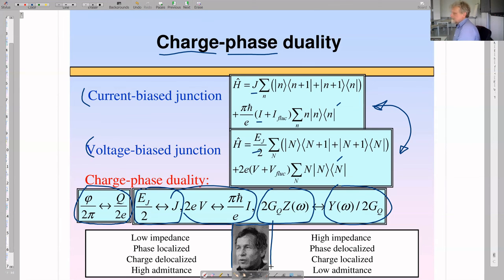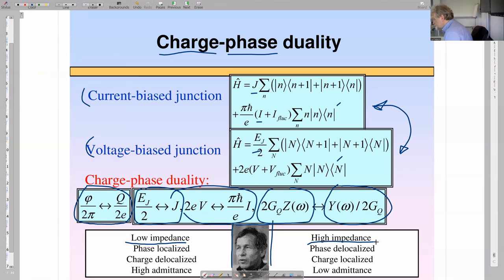And let me interpret it in terms of this charge phase duality. In terms of impedance, the Schmid transition separates the regions of low and high impedance.